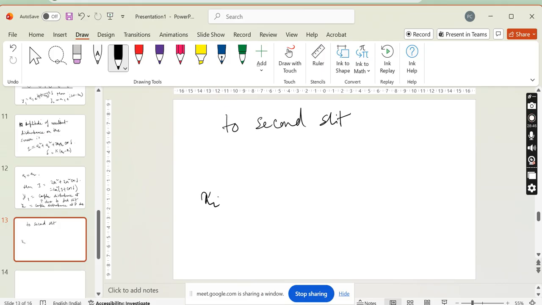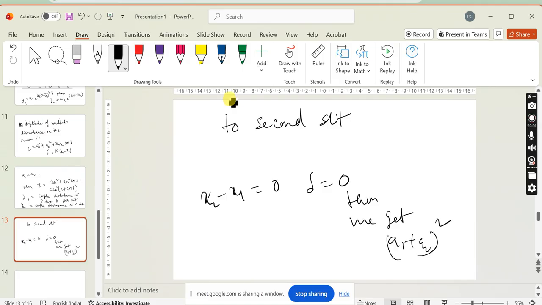So when x2 minus x1 is 0, then delta is also 0. Then we get the maximum intensity, which is A1 plus A2 whole square. And if A1 is equal to A2, that is 4A square.